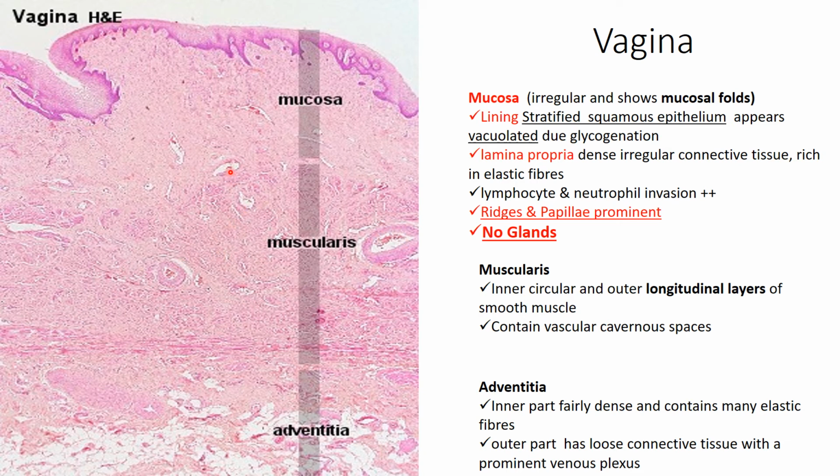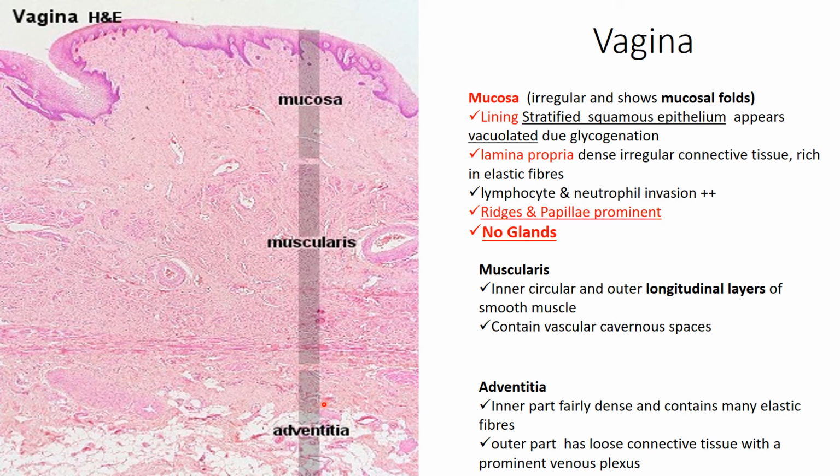These are the vascular cavernous spaces in the muscle layer, and outside this is the adventitia. The inner part of the adventitia, in relation to the muscularis, is dense and contains many elastic fibers. However, the outer part has loose connective tissue with a prominent venous plexus.